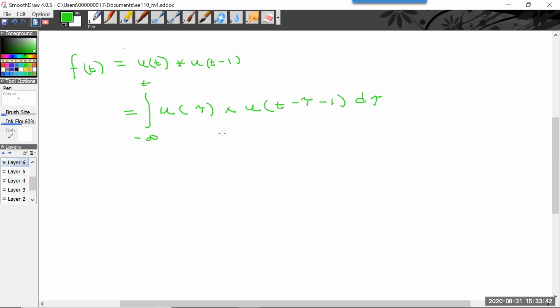This bit might be confusing, and so some might actually rewrite it to take this part and put it here, and put the part with the dummy variable in there.